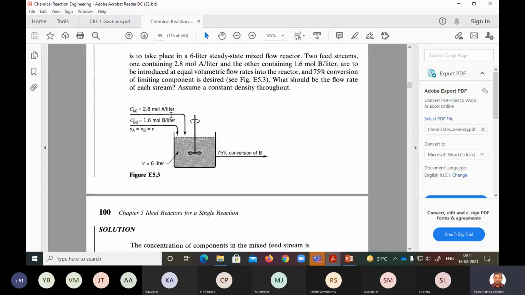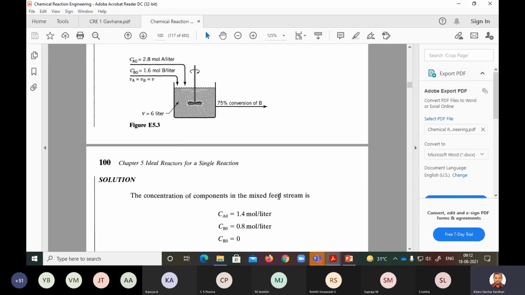Every time, 2 liters is going per unit time, whatever the time. That is why you are making it half. Because in 2 liters you have 2.8 moles, so if you want the concentration for 1 liter, it will be divided by 2.